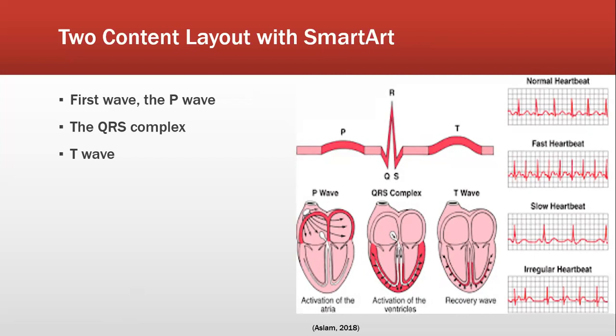The P wave is the first wave on the ECG because the action potential of the heart is generated in the sinoatrial node, which is right here, and the little arrows going out. This is the action potential being sent through the nerve bundles to depolarize the atrial muscle.